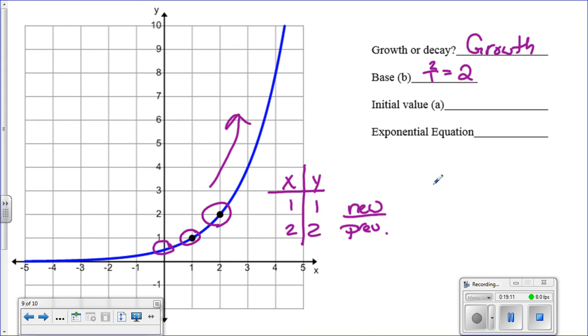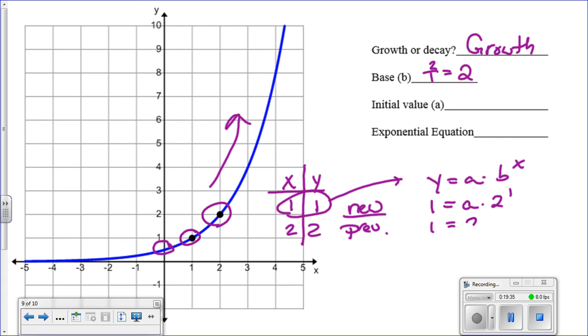I don't know my initial value. So what I think I'm going to do is try y equals a times b to the x and take one of these 2 points. I think I'll try the 1, 1. So 1 is equal to a times 2 to the first power, right? Because that's my x, that's my y.